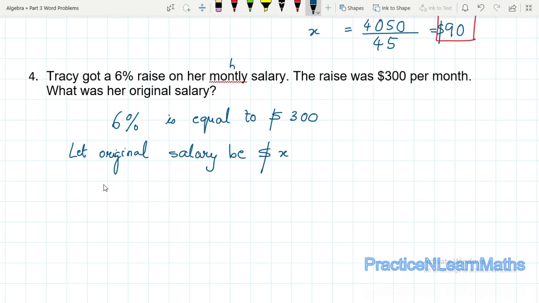So again if we take part over whole, we find that 6 over 100 is equal to 300 over x. If we cross multiply, we get 6x is equal to 30000.